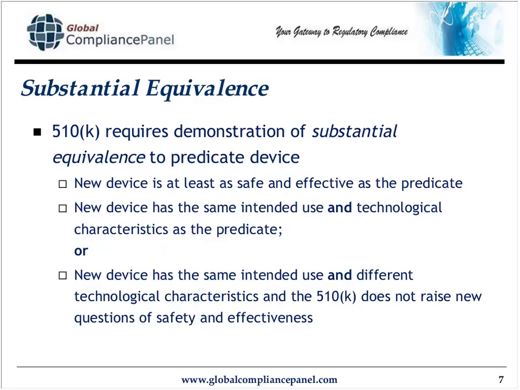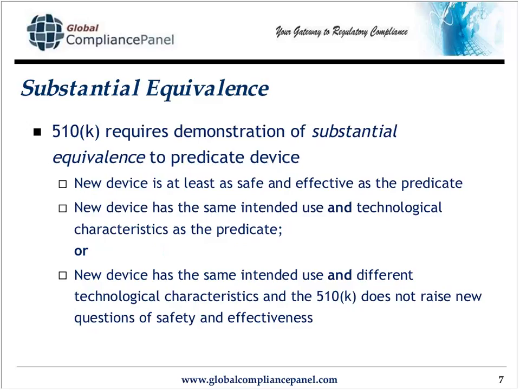The concept of substantial equivalence is not identicalness. It's equivalent. It's substantially equivalent, so it's a little more than just equivalent. What you're saying is that your device is at least as safe and effective as the predicate. The way to normally do this is to provide safety and efficacy data with your submission.